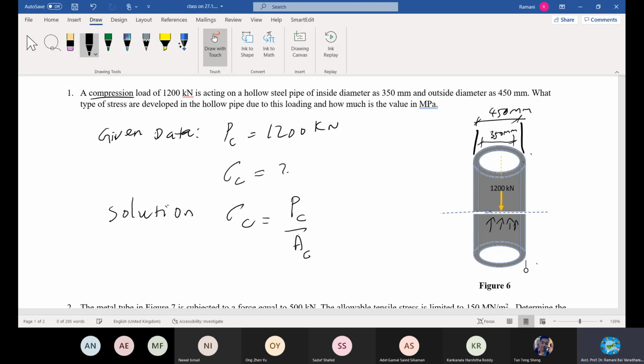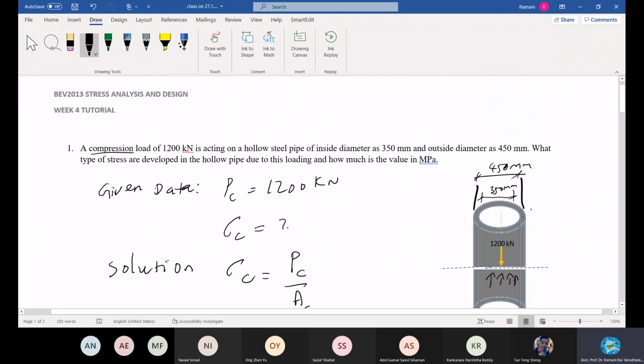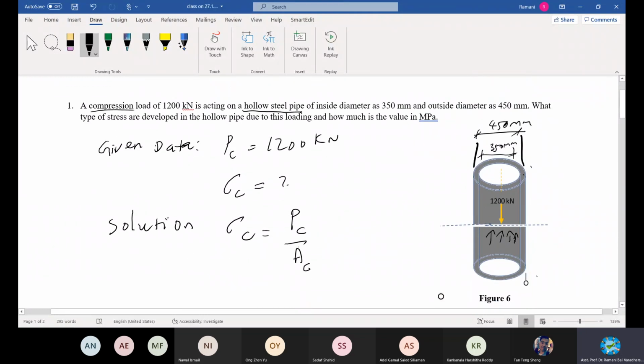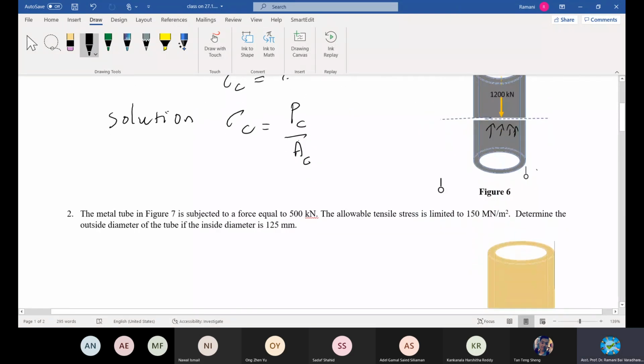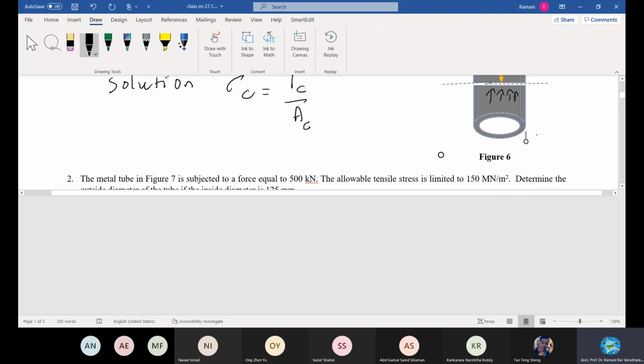It's a hollow steel pipe. Hence the loading is acting on the ring, the thickness equivalent to the difference between these diameters. So you need to take this area only. Try to understand the area on which the compressive force is acting. All right. Okay, let's find out the area.